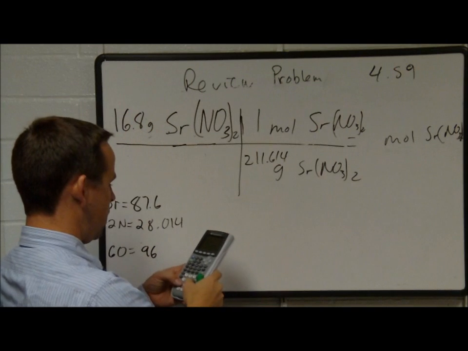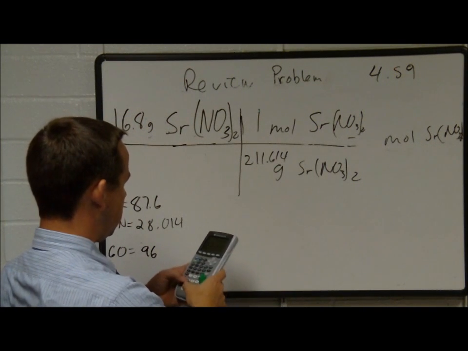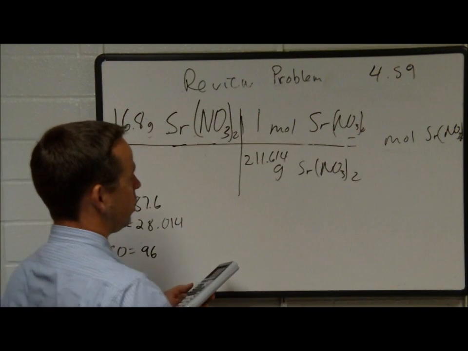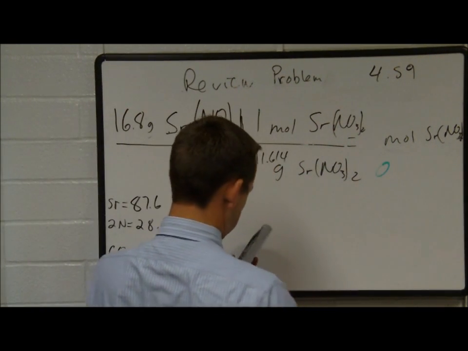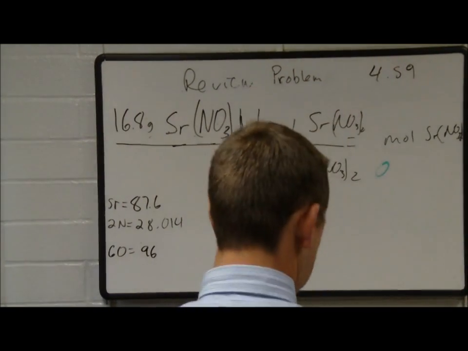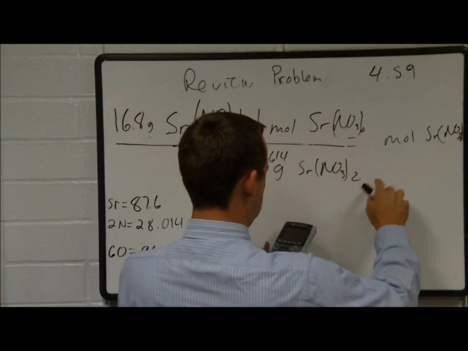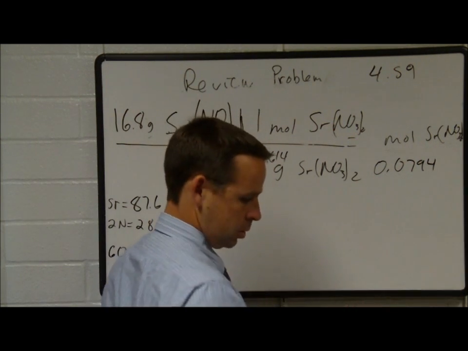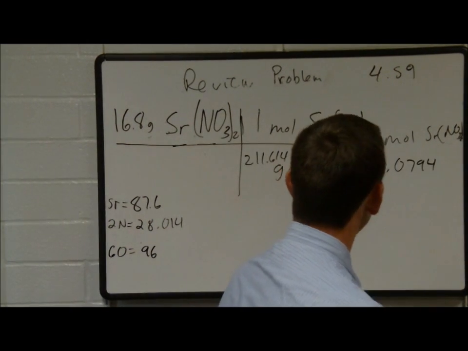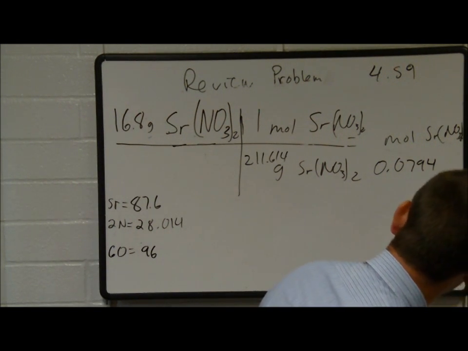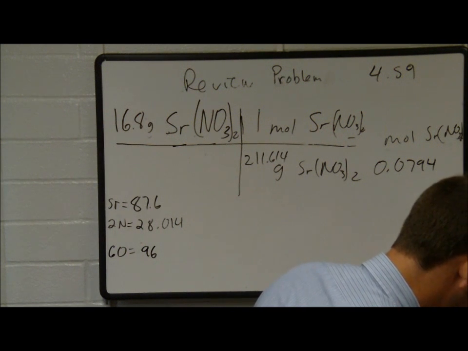So we have 16.8 divided by 211.614, and that's 0.0794. All right, so that is 459. Strontium nitrate, 0.0794. Good, got it.